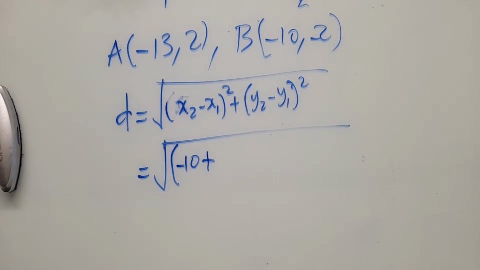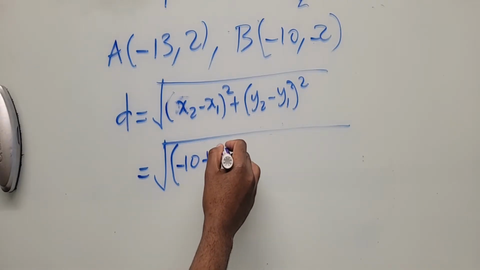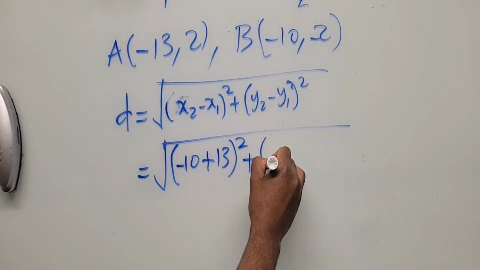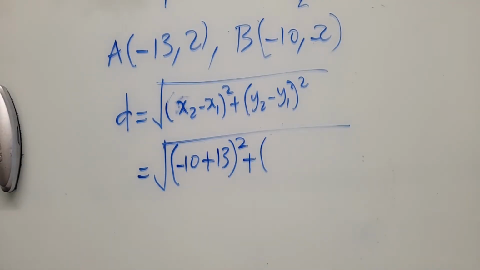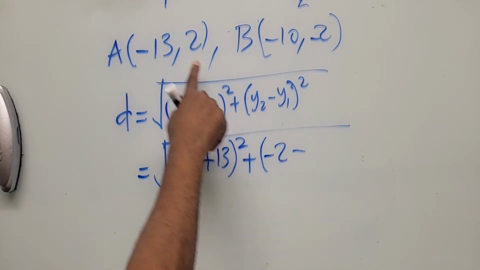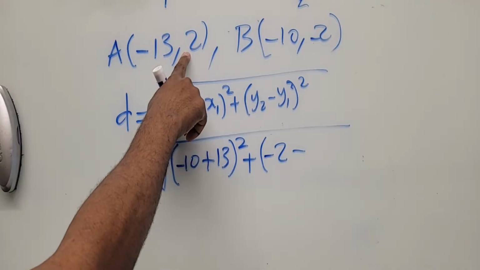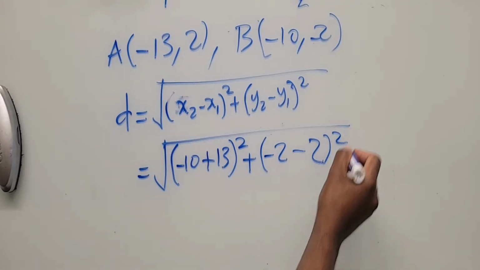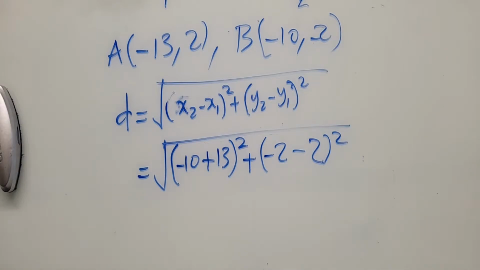So I have negative 10 plus 13, then I square this. Then plus, our y2 is negative 2, minus, now this minus will remain because 2 is positive in the first coordinate. So this is 2 here. Then I don't forget to square.